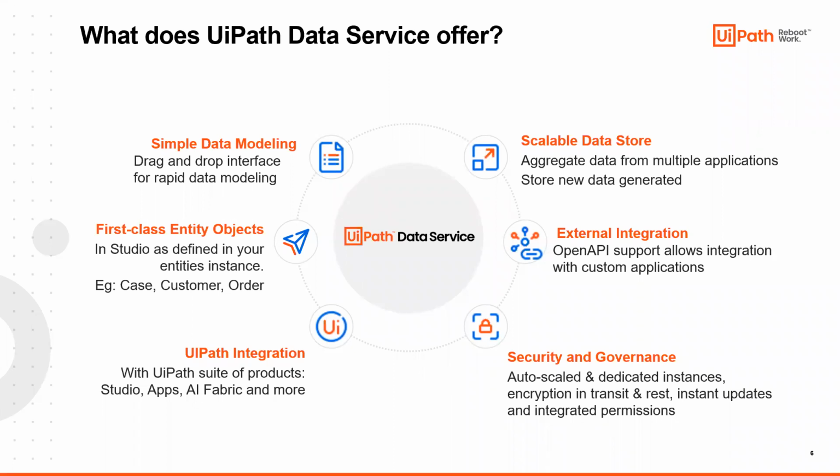Coming to security and governance, you can store data securely and limit access to approved users with role-based access controls. So data service uses integrated security with UiPath Automation Cloud and allows you to assign permissions or roles to any users or groups in your account.